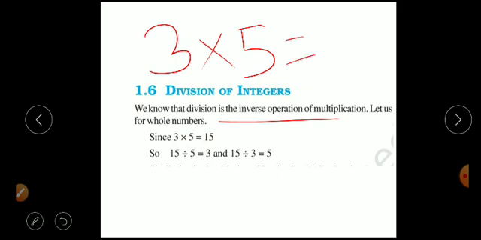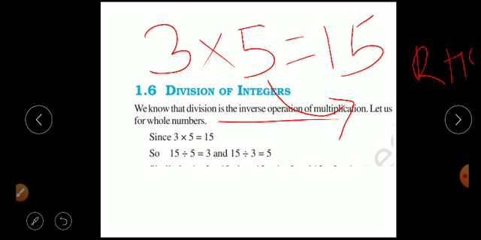Now we will go towards division. What do you mean by division? Division is the inverse operation of multiplication. See, 3 into 5. What is 3 into 5 equal to? 15. Division is the opposite of multiplication. So when 3 goes to the right hand side, it always comes in the denominator.